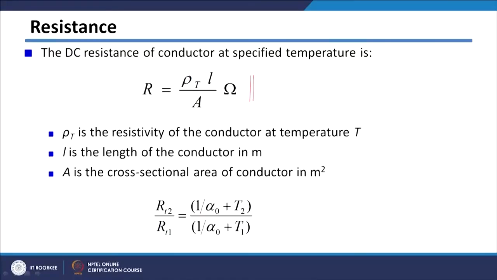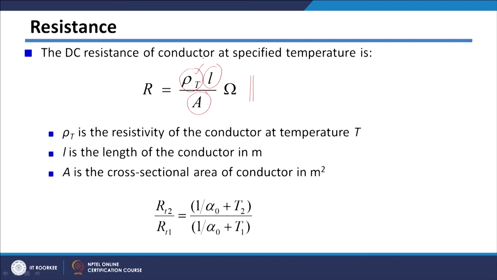Okay, so as we know, resistance is calculated by using this formula, where rho T is the resistivity of the conductor material, L is the length of the conductor and A is the area of cross section of the conductor. And as we know that resistivity of the material is temperature dependent, so resistance will also change whenever temperature changes.